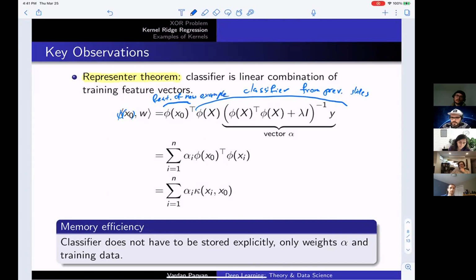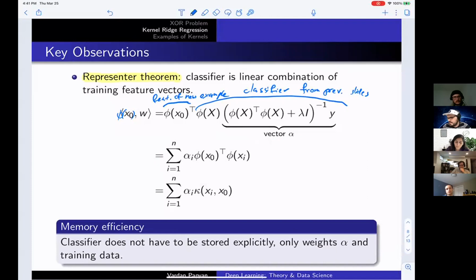So the important observation in this slide is that notice this quantity here, if you disregard the phi x0 and just look at this quantity, y is a vector and this thing is a matrix. If you multiply a matrix by a vector, you get another vector, and I'm going to denote this vector by alpha.